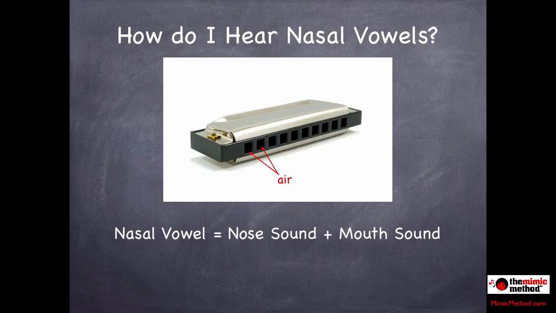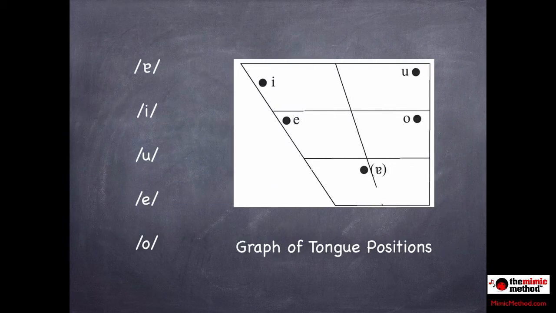Now you can alter mouth sounds by changing the position of your tongue. For example, each of the vowel sounds e, u, e, o have their own unique tongue position.